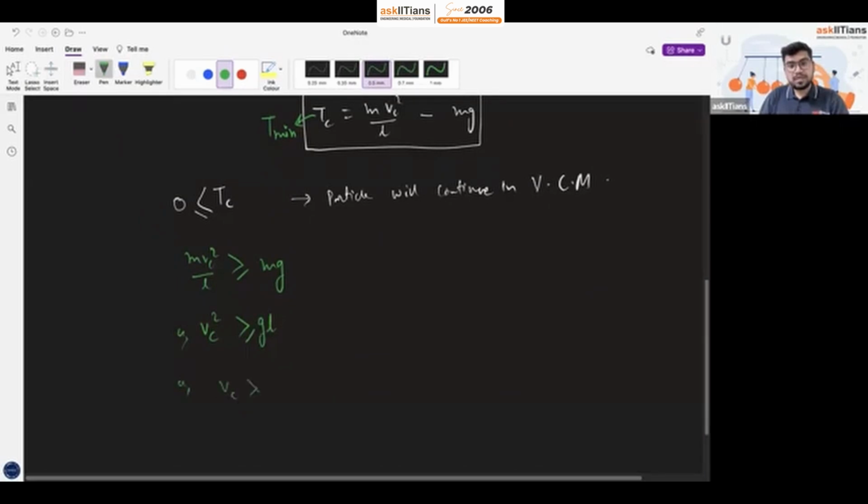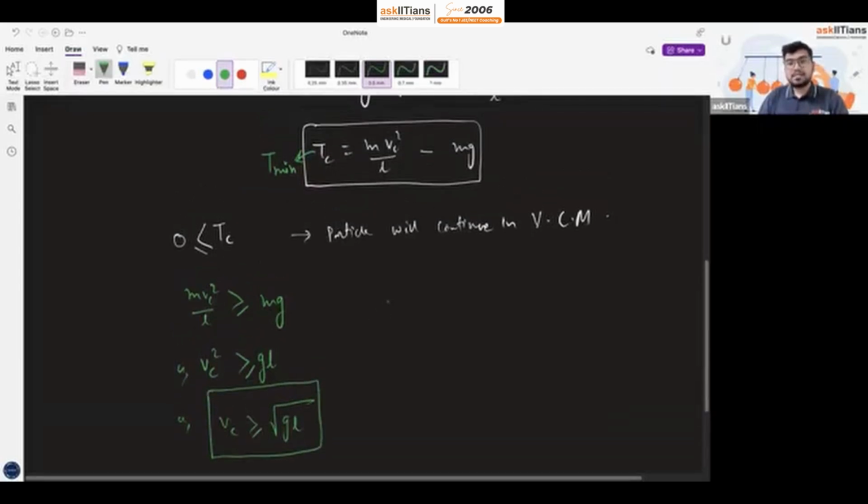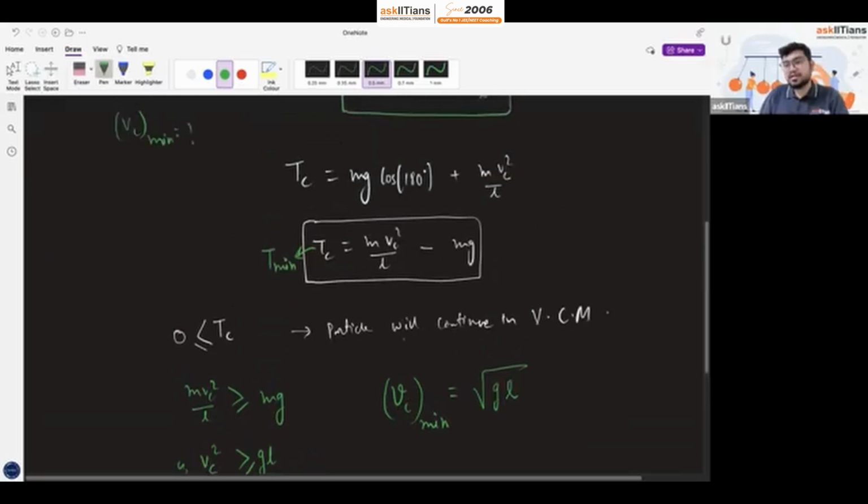Which means vC should be greater than or equal to under root gL, which means the minimum velocity or speed at point C required would be exactly equal to under root gL. And if you give more than that, then it's fine.